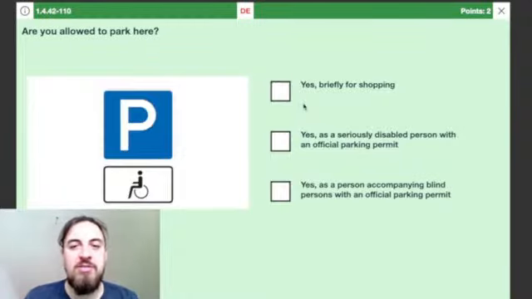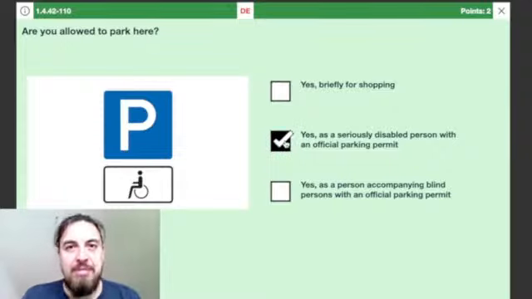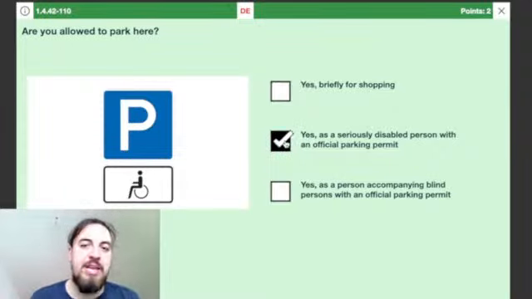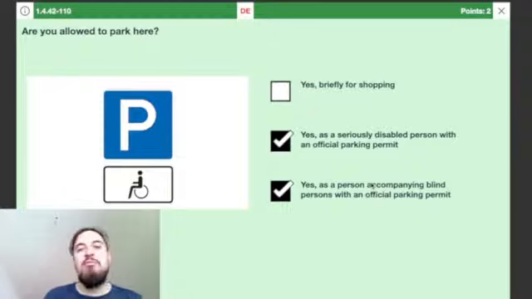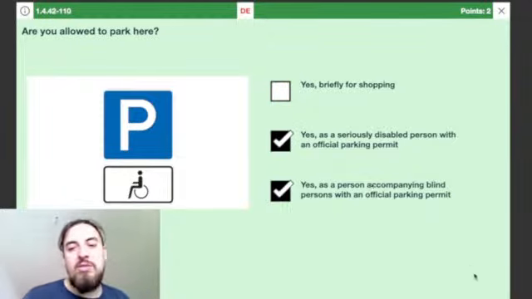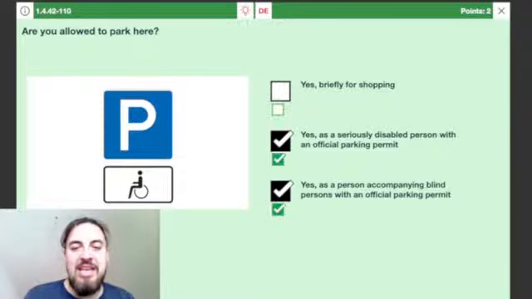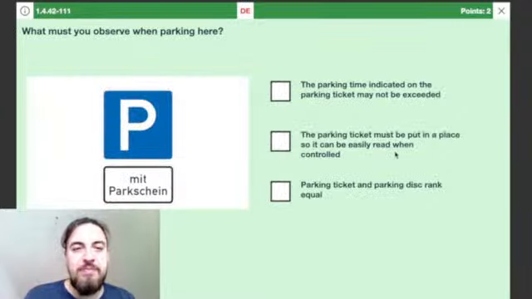You're not allowed to stop there for brief shopping. But yes, if you are disabled, you can use it if you have the correct mark or the correct permit, or if you bring someone to a special place who has this special permit. So both of the last answers are correct.